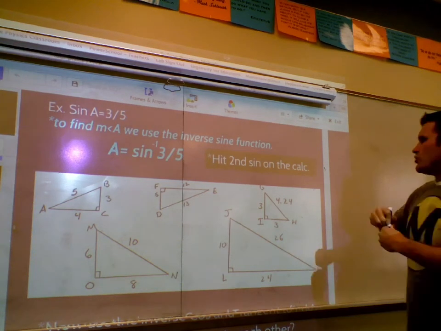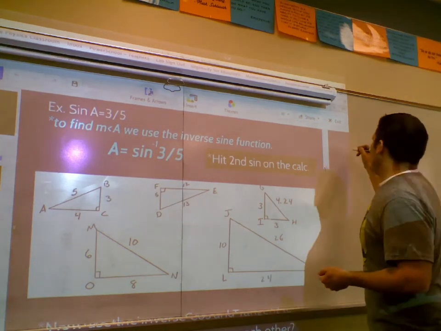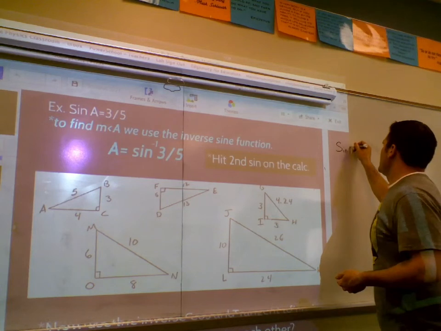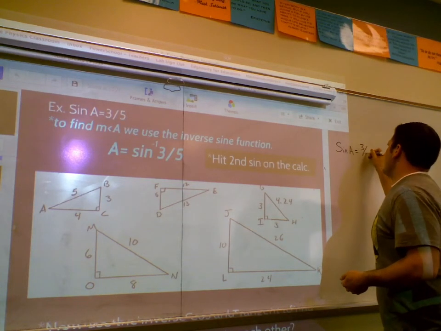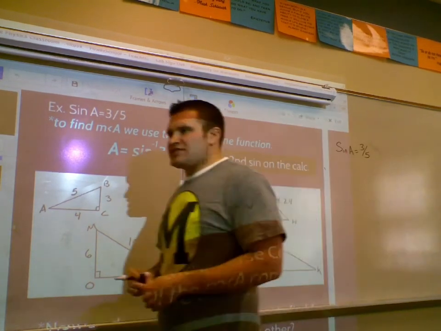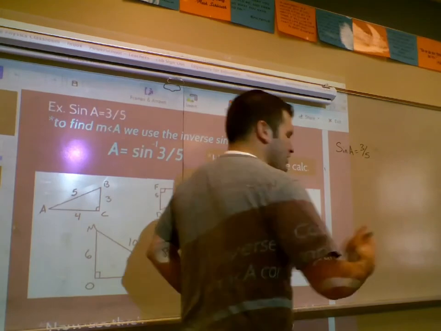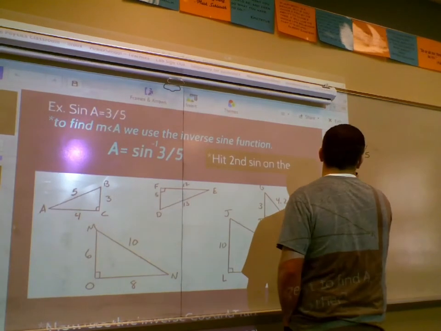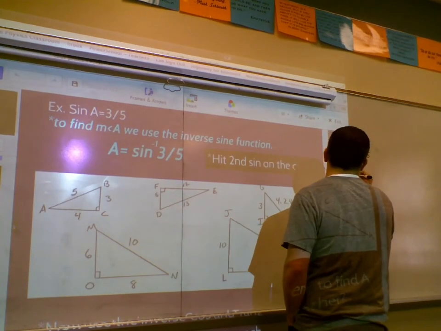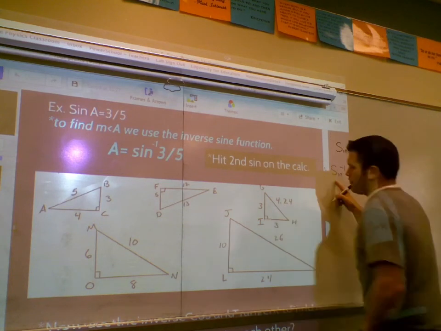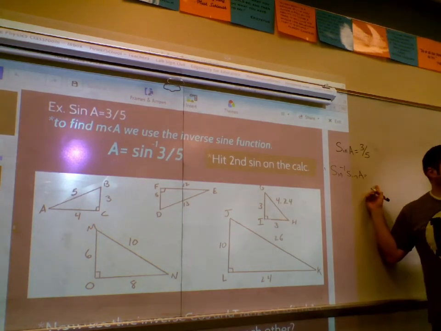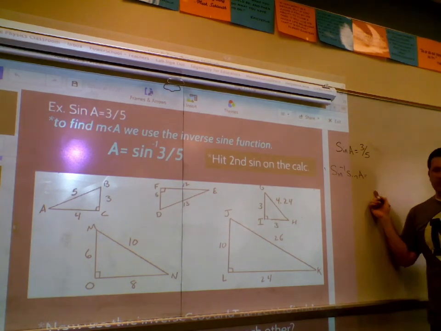Okay? So if I know that sine of A equals 3/5, I can get rid of the sine by doing what's called inverse sine. You don't need to write the step, but you can think about it like this. If I do inverse sine of the sine of A to the left side, I have to do it to the right side as well, don't I? That's how algebra works. Whatever you do to one side, you have to do the other.